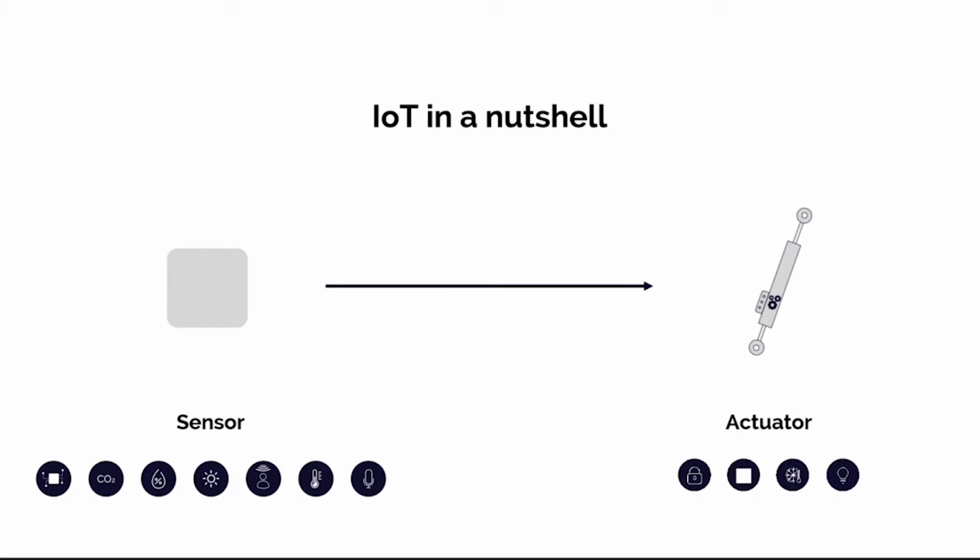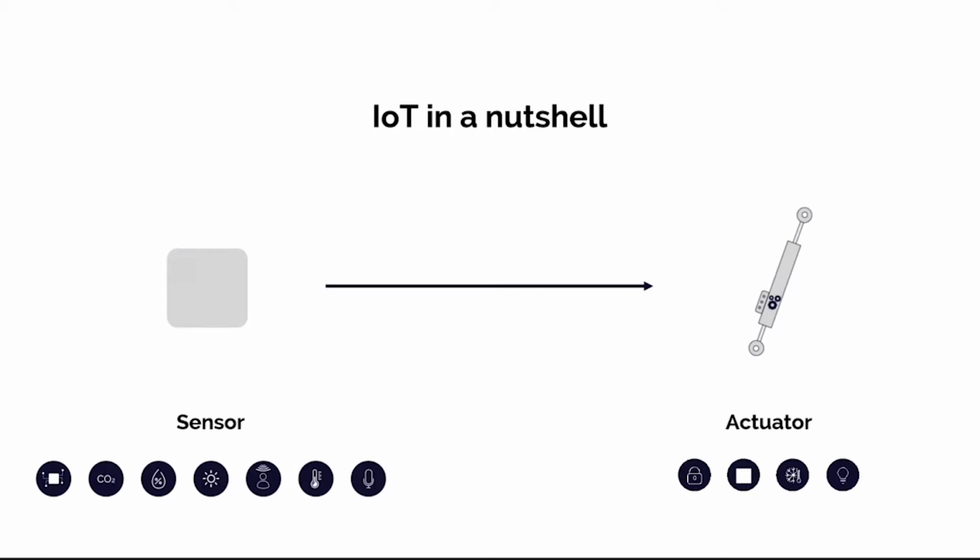That's already IoT. But if we transform that philosophy to a smart building, we see that we have sensors on every floor, in every room. We have sensors everywhere. And what we can do is take the information from those sensors and use it to control our actuators.